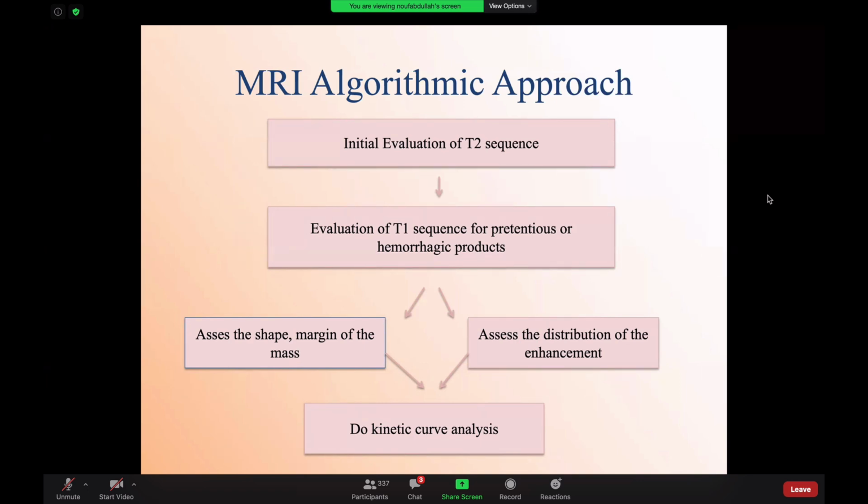Look for any areas that appear bright on the T1 fat saturated sequence, because it means that there is hemorrhagic or proteinaceous material. If you see a lesion that is enhancing, you will go and assess what's very important, the shape and margin of the mass. And this is the most important feature on MRI.